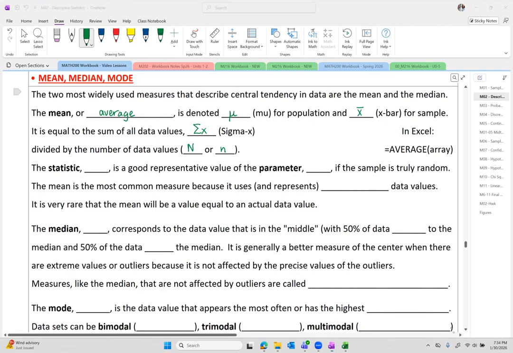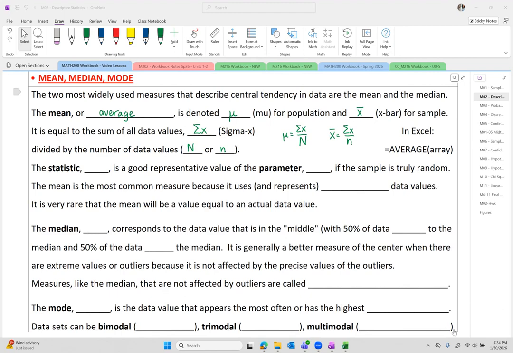So the formulas are sigma x divided by n, whether this is n of the population to find mu or n of the sample to find x bar. And in Excel, we will use the function average.